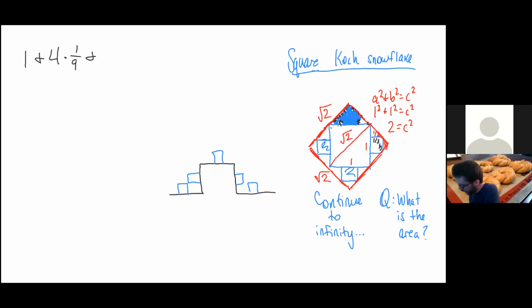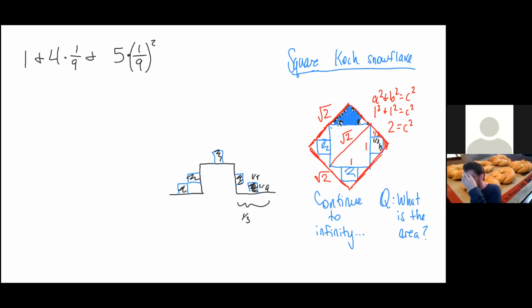And if the black length was initially 1/3, then each of those lengths was 1/9. Okay, so I added 5 times 1/9 squared, we'll say, because 1/9 times 1/9 gives me the area of a little square. And I had 5 of those.